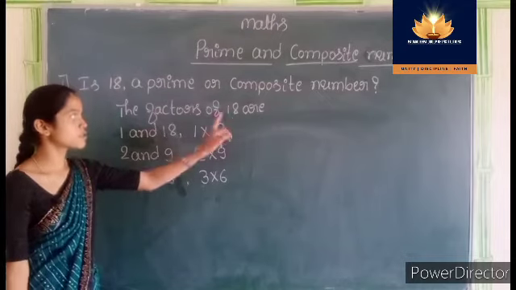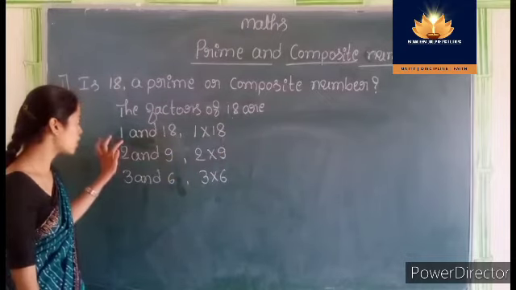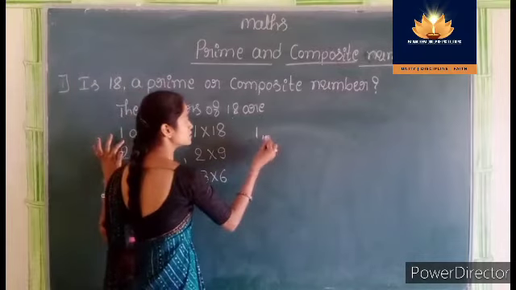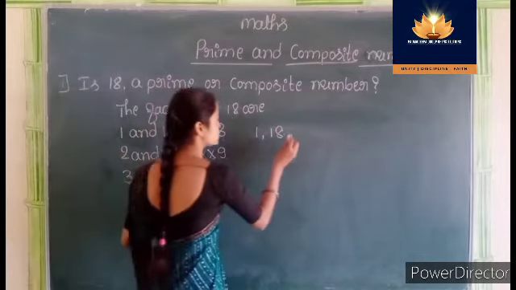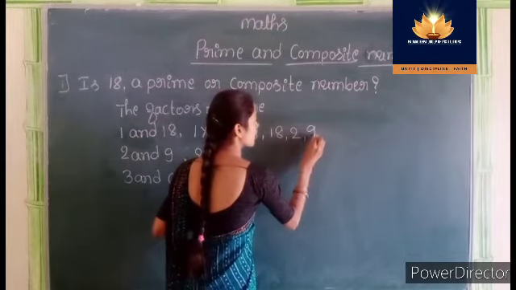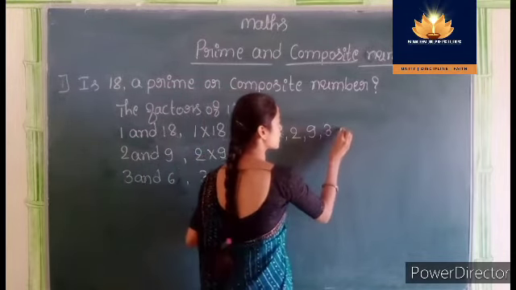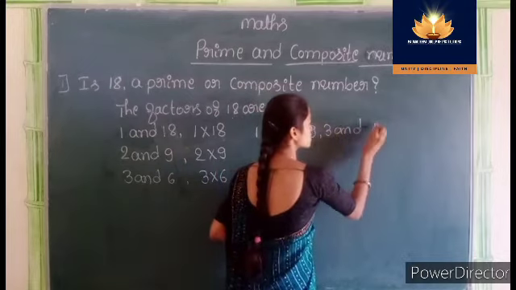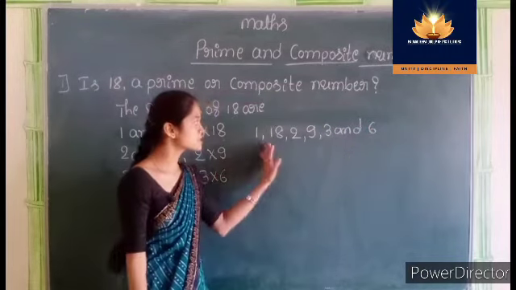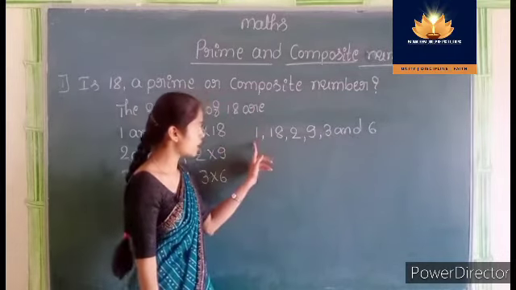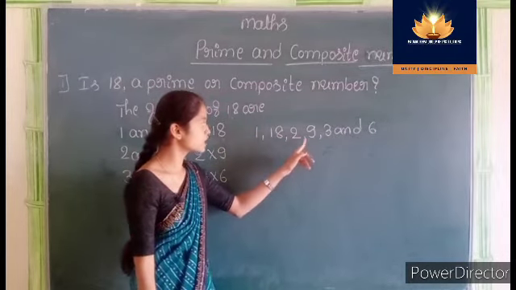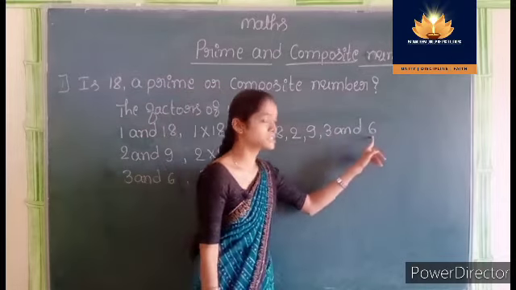So the factors of 18 are 1, 18, then 2, 9, 3 and 6. These are the factors of 18. So there are 1, 2, 3, 4, 5, 6.